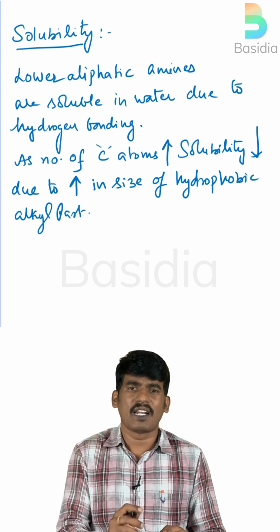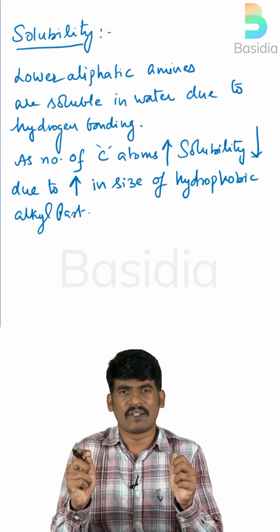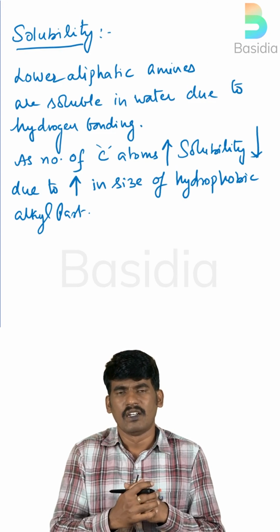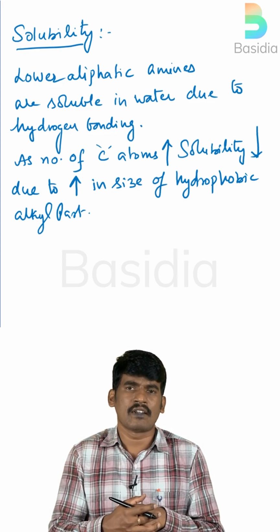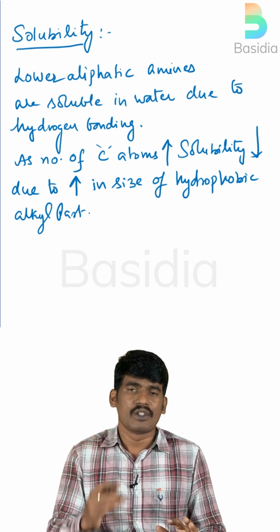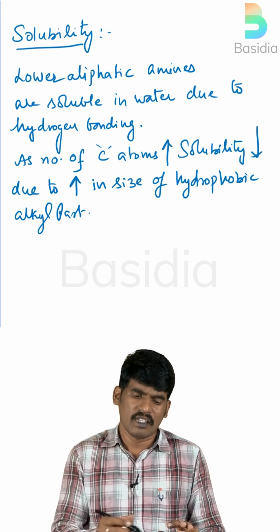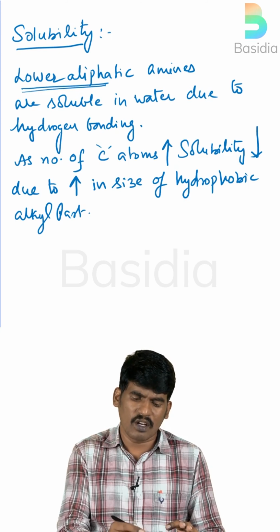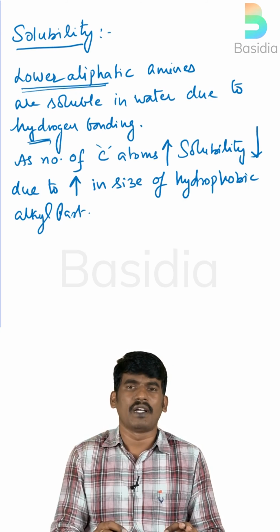If carbon atoms are increasing, in the sense the chain length is increasing, the alkyl group is increasing, so the hydrophobic part is increasing, and solubility decreases. Only lower aliphatic amines are soluble in water due to hydrogen bonding.